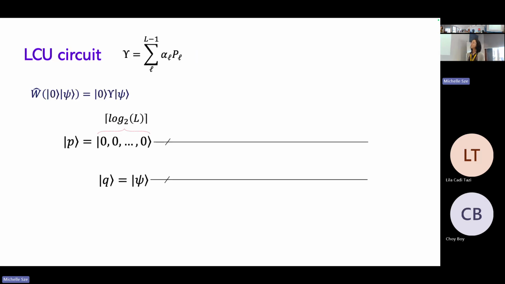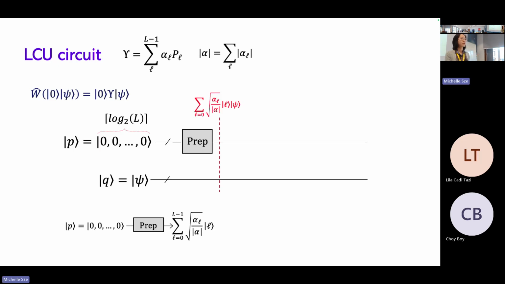Okay, so to generalize and summarize, for example, if we have L LCU terms, then we always have at least 2 registers, one for the system register Q, the other the ancillary register. Your ancillary register will have log L qubits, and then you have the prepare oracle, which prepares the coefficients, the square root of the L1 norm of the LCU coefficients.